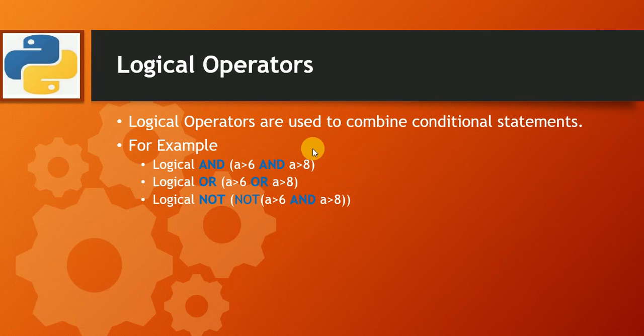These operators are basically used to combine conditional statements, such as logical AND, which can combine 2 statements such that a is greater than 6 and a is greater than 8. In this case, the AND operator has combined these 2 logical statements. Similarly, the OR gate and NOT gate.